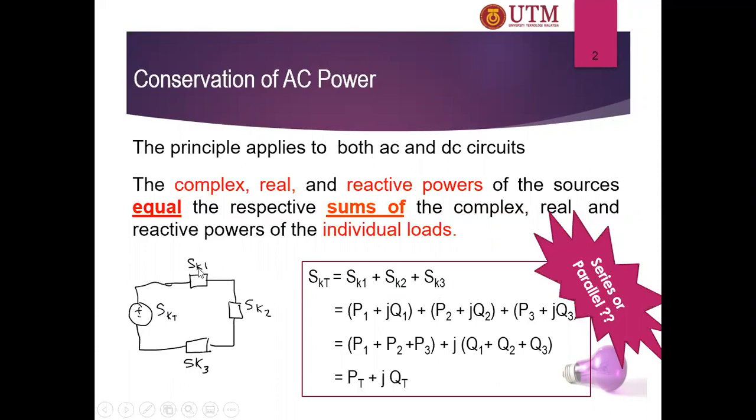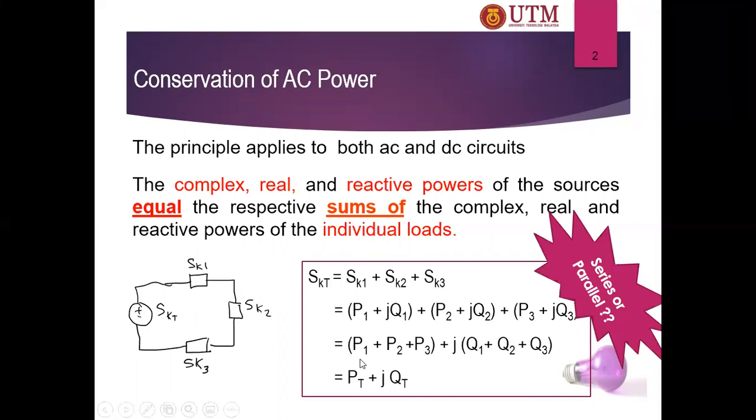For element number 1, it has its own real power and reactive power. For the second element also, it has its own real power and reactive power. And the same goes for element number 3. Since this is the real part and the imaginary part, they cannot be summed together. So they need to be summed separately, the real part and the imaginary part.